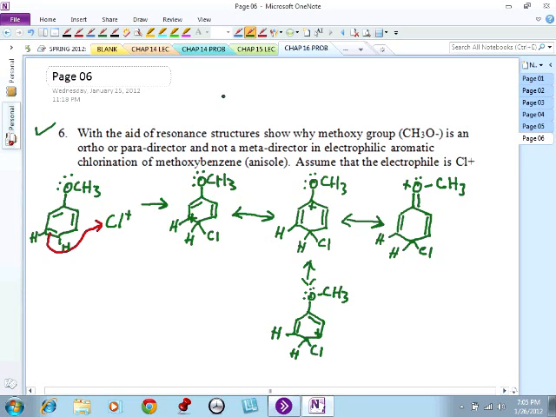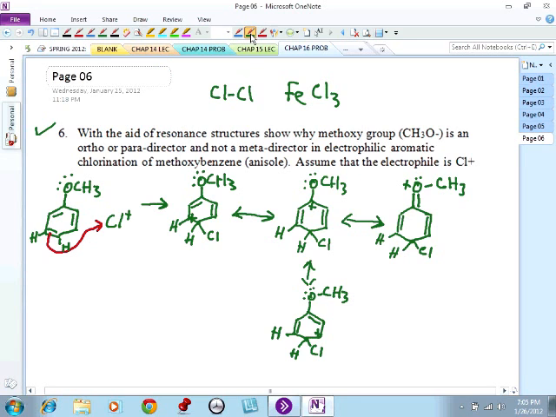For example, how do we form the electrophile? In this case, we have chlorine in the presence of iron(III) chloride. This iron(III) chloride is a Lewis acid. So what does it do?